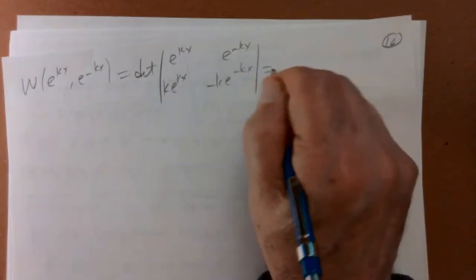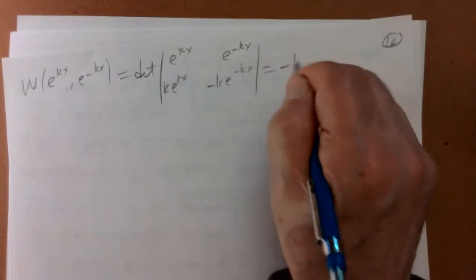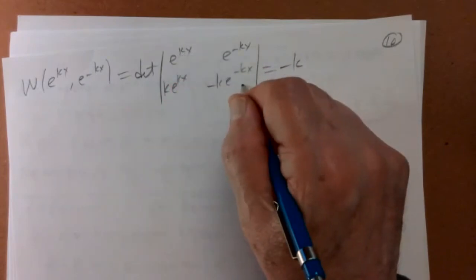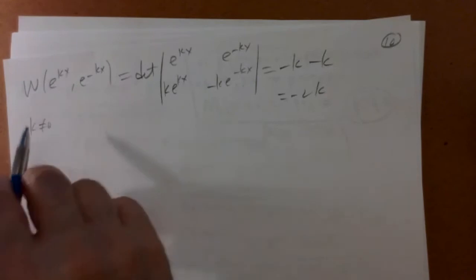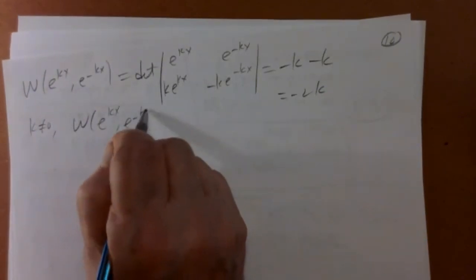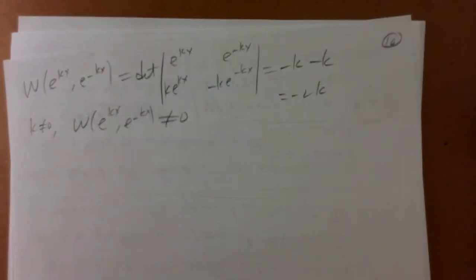The determinant is this times this minus this times this, because the e to the kx and e to the minus kx cancel, we get minus 2k. So if k is not 0, so these are really exponential functions, the Wronskian of e to the kx and e to the minus kx is not 0. That's very important because it means you can divide by the Wronskian.